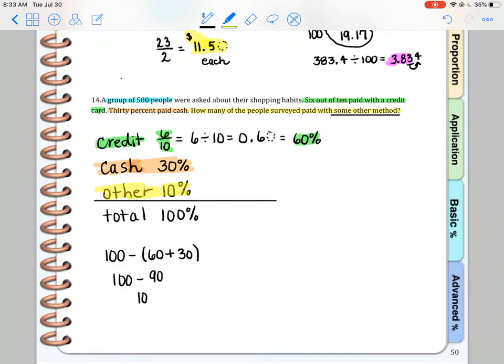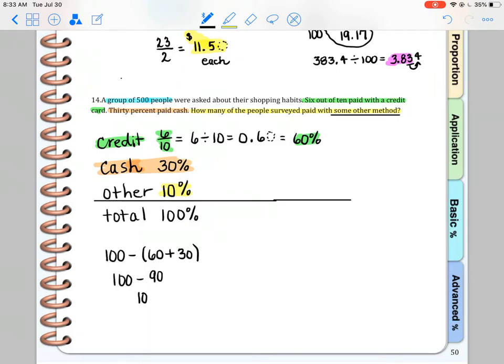But unfortunately, the question doesn't say what percent paid with some other method. They actually want to know the number of people. So I am going to go ahead and find that. And I think I'm going to extend my table just a little bit. If I can figure out what I'm doing here.